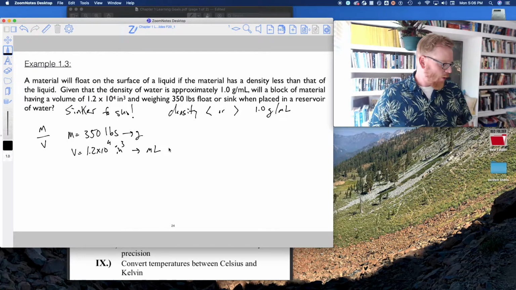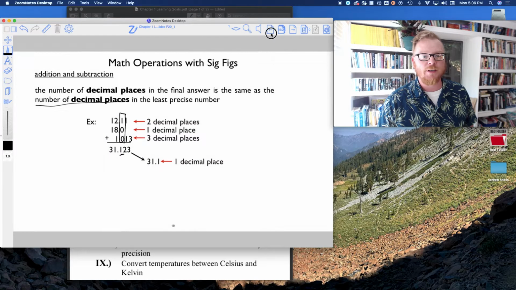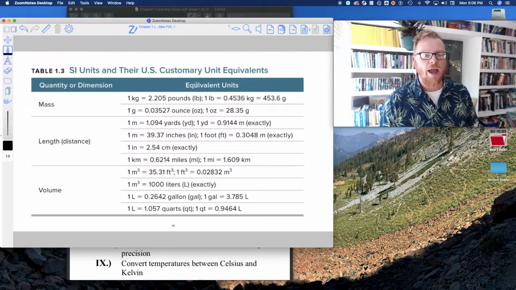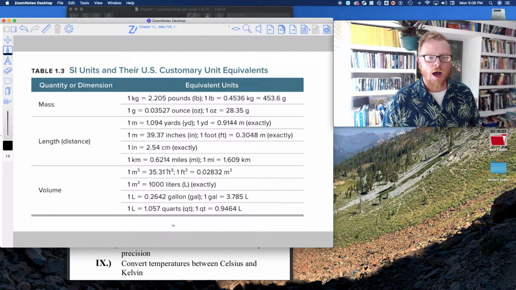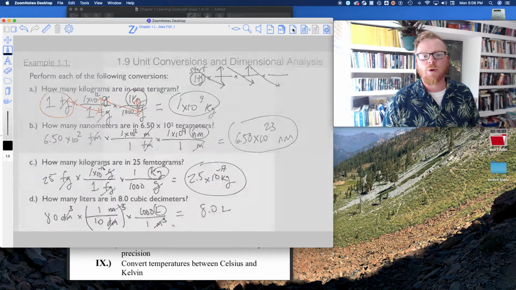Okay? So if we go to our unit cheat sheet, let's back up for a sec. Where is it? Okay, here we go. So we know, okay, very good, look. 1 pound is 0.4536 kilograms, which is the same as 453.6. So 1 pound is 453.6 grams. Okay, so here's how we're going to use that number.